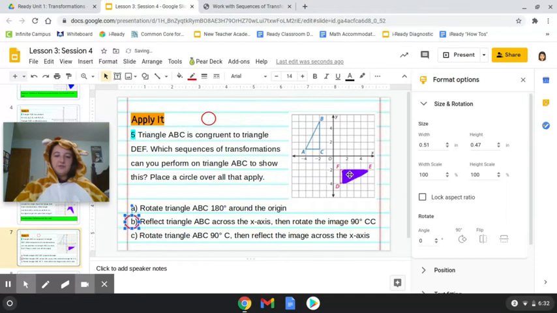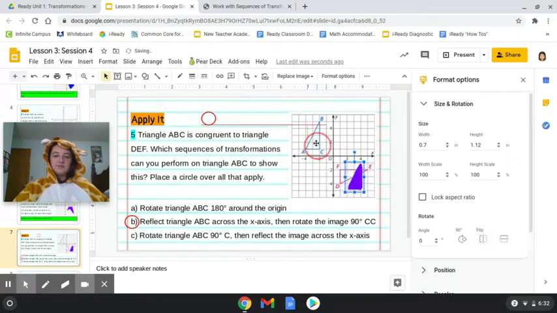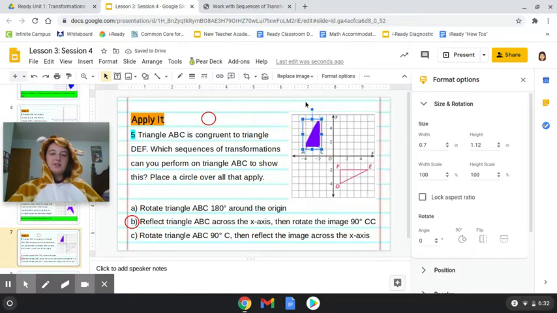Next, we want to start by rotating our triangle 90 degrees clockwise. So again, I'm going to put this back to how it normally is. So here we are. We want to rotate 90 degrees clockwise. So we'll go this way.